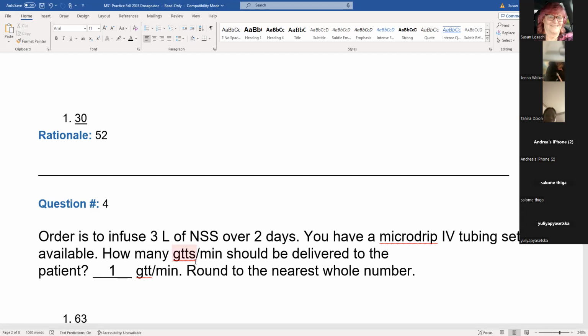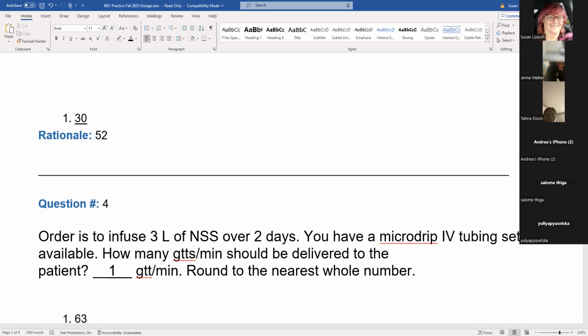It's called drop factor. But when I ask you the formula, I want you to tell me it's total volume over total time in minutes times the drop factor, always a whole number. That tells me you know entirely how to set this problem up and solve it.